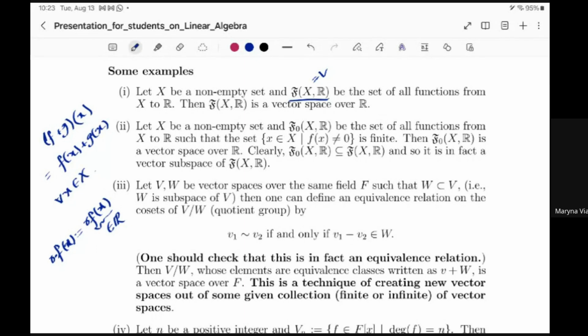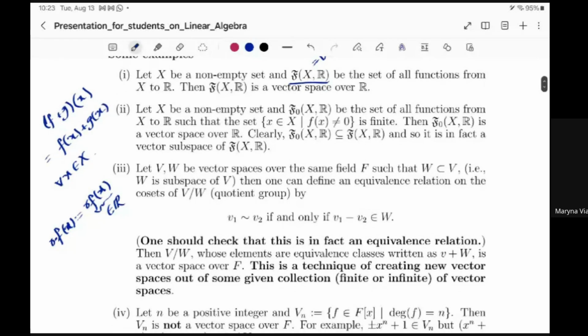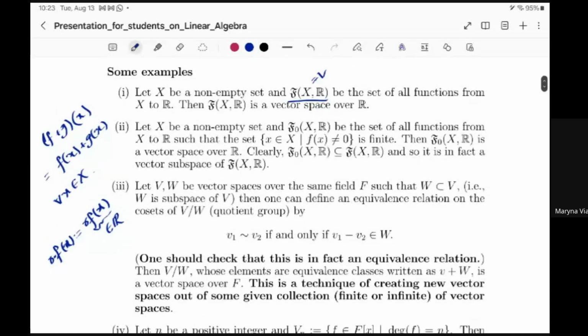It doesn't really matter what you're picking, but as I said, we will restrict our attention to either Q or R so that you don't have to think about arbitrary fields. Now, the second example would be a subset, or I should say a subspace of example 1.